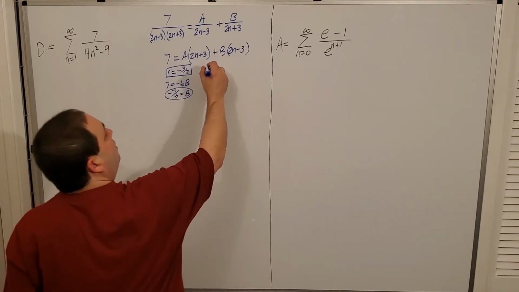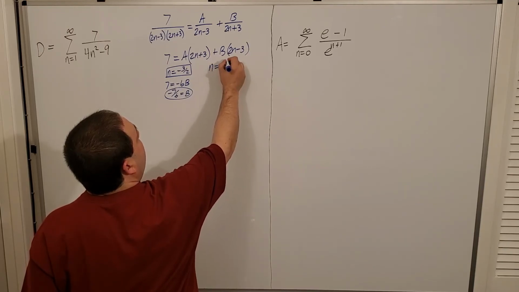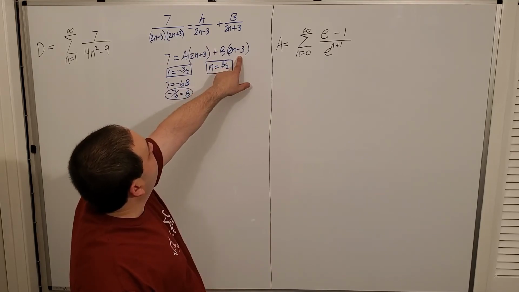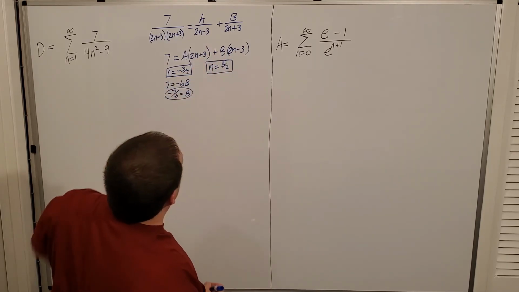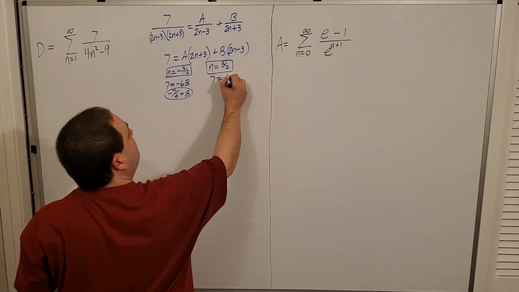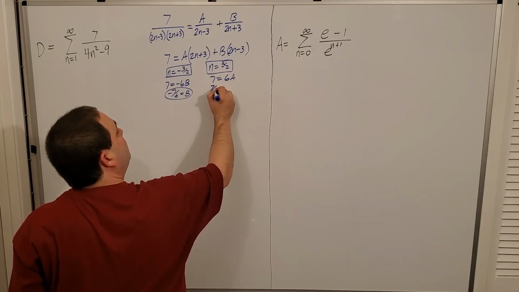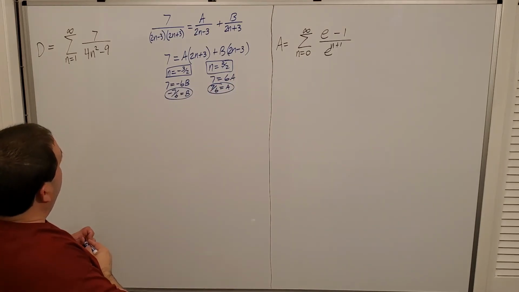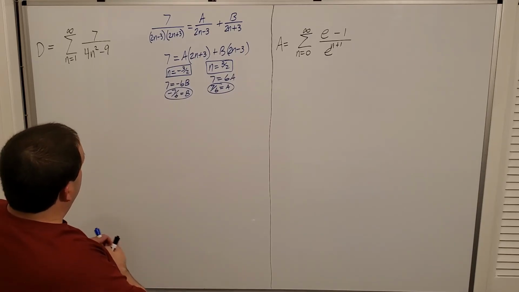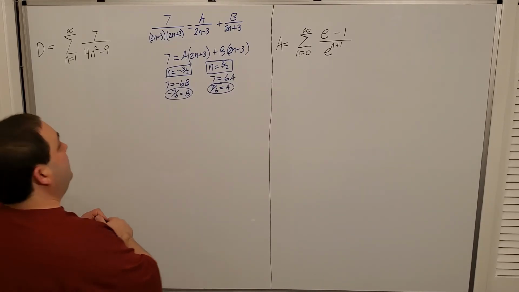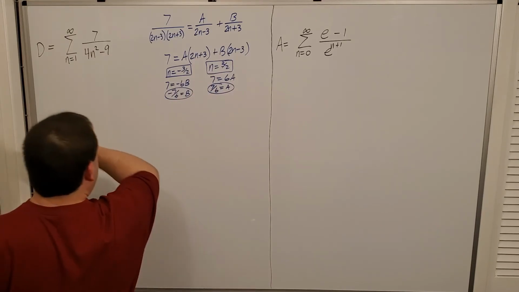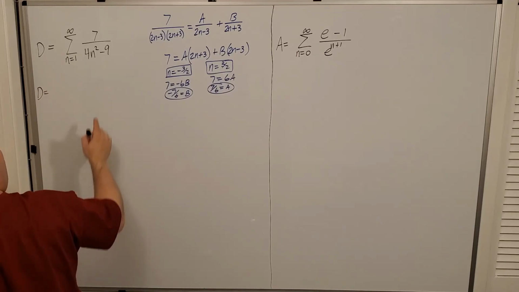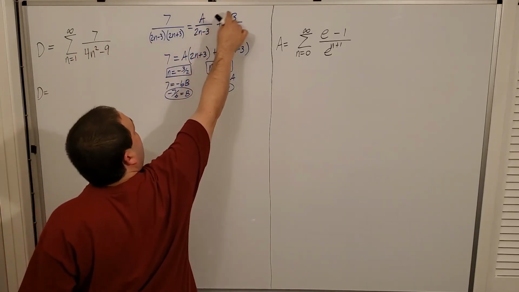And then, of course, I'll also use n is positive 3/2, which will zero out the other one over here and leave me with 6A there. So 7 equals 6A. So 7 over 6 is A. And therefore, I can then decompose this into the infinite series of two fractions that have a subtraction. So then d will be equal to, I'm going to factor the 7/6 out of both of these.